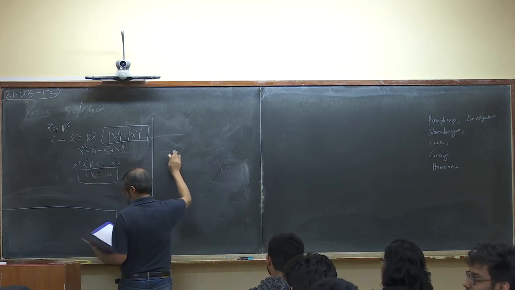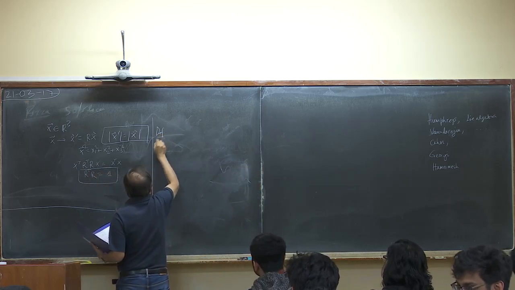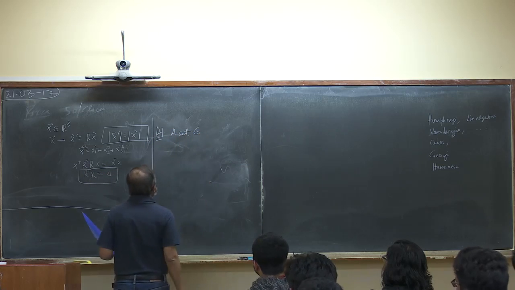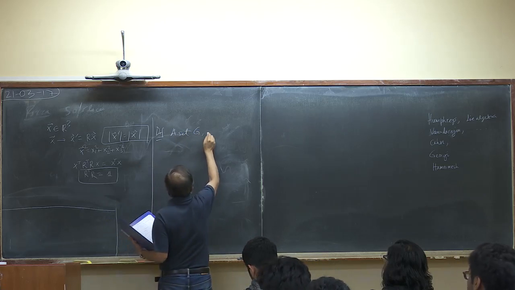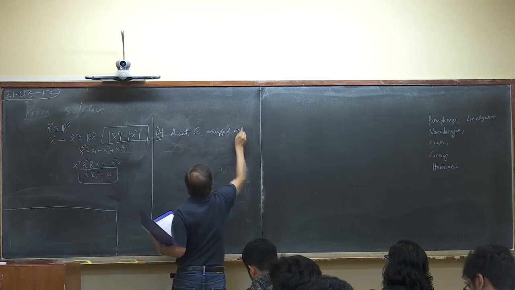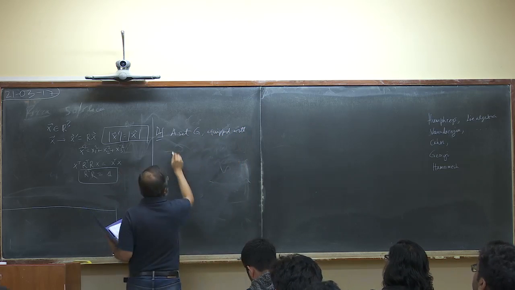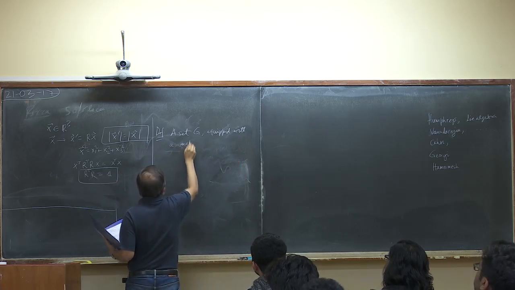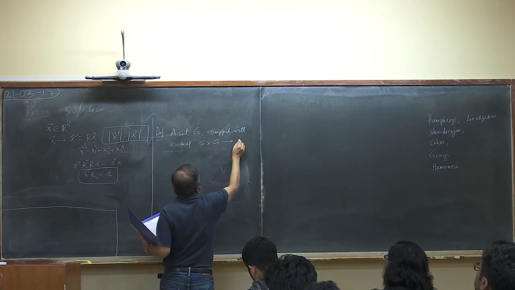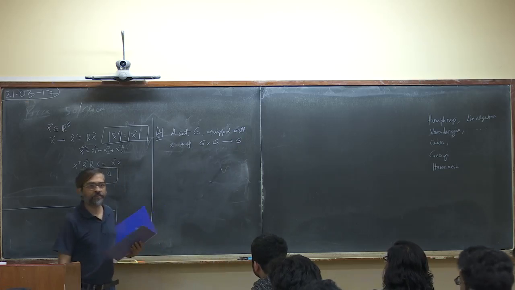Okay, group. So now a group is a set G which comes with a map which takes two elements of G and sends it to one element of G. Okay?